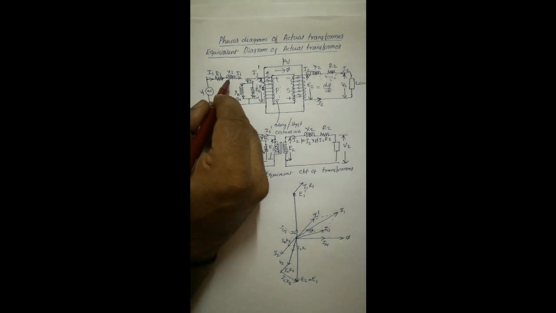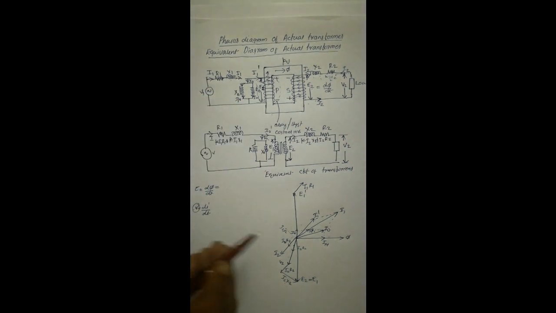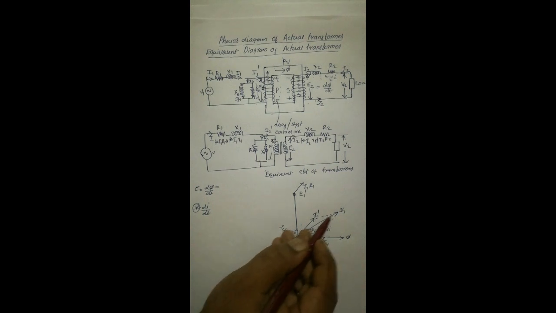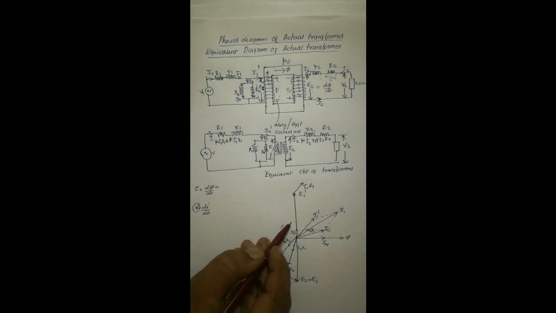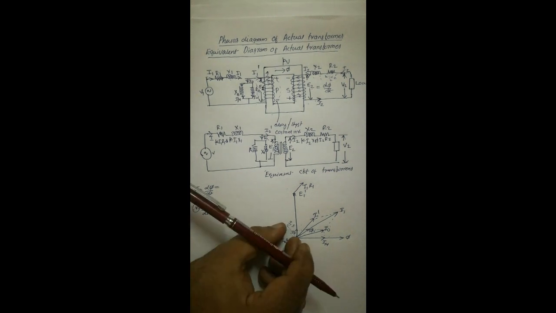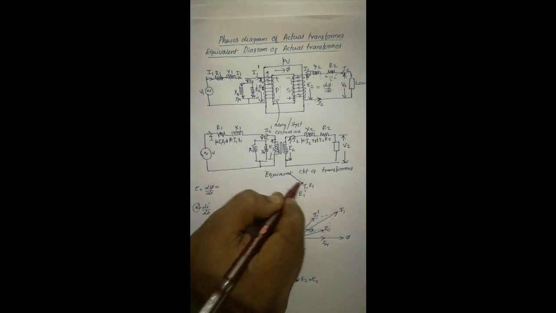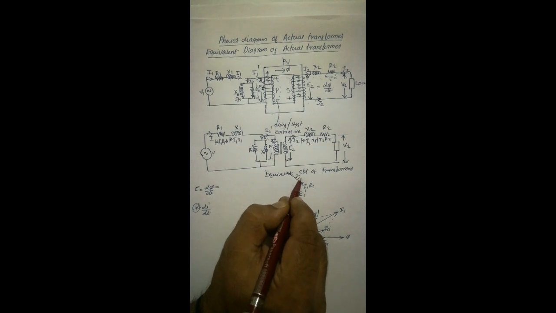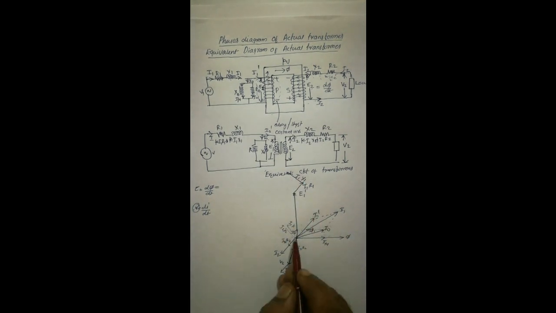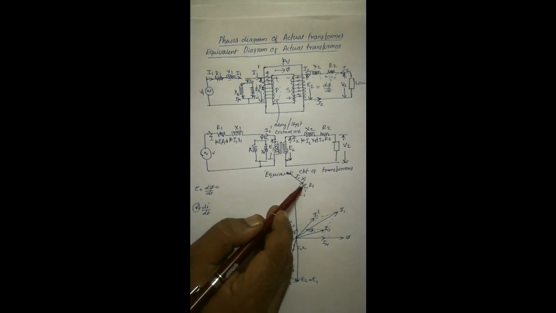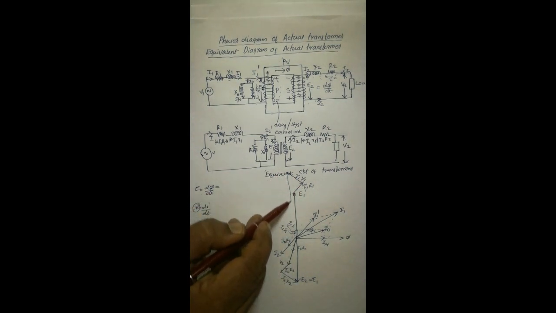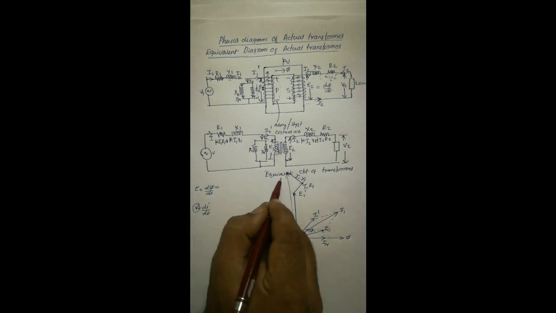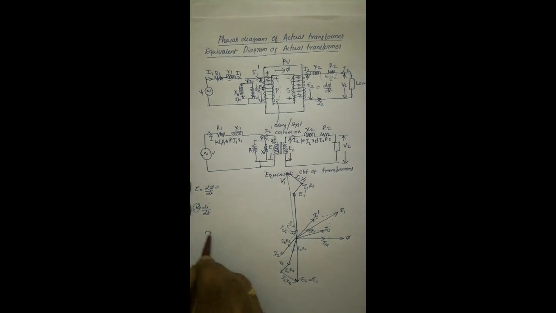Now there is I1 into X1, which is at 90 degrees to I1. This is I1X1. Take this vector and keep it here. We know that E1 plus I1R1 plus I1X1 gives the supply voltage V1. And this is the phasor diagram.